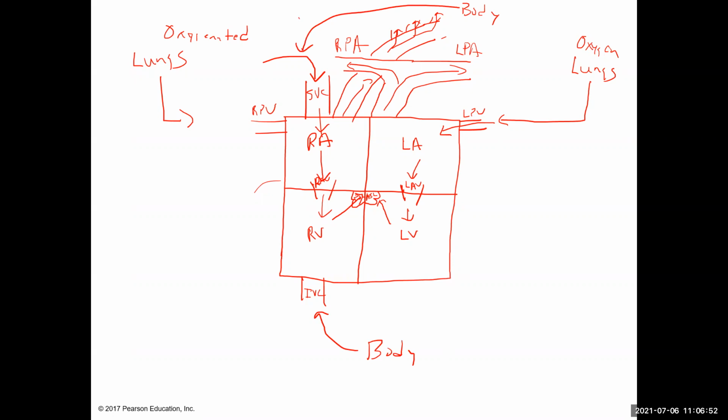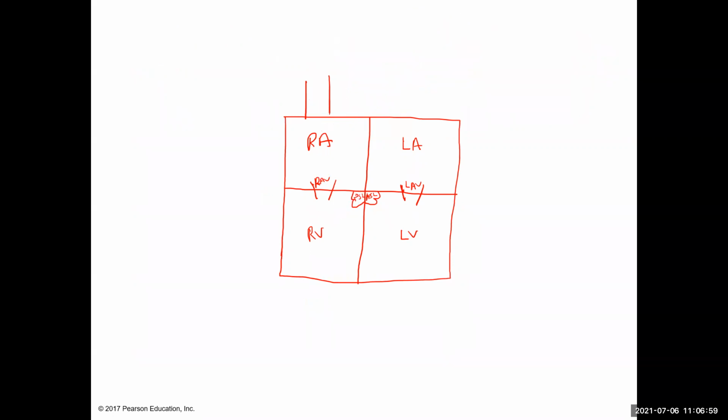So you can try to draw it complex like this once you've got it down, but there's an easier way. Hold on one second.